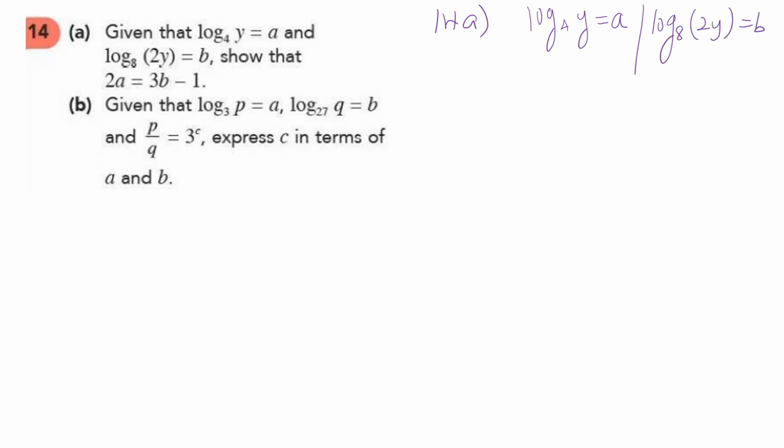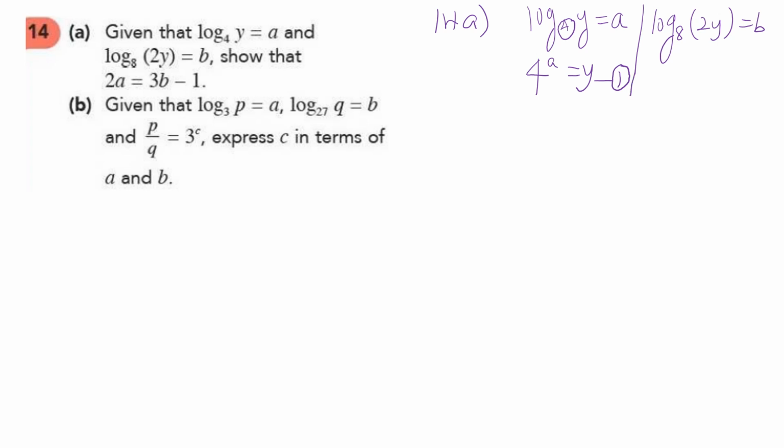Alright, so what I'm going to do in both cases here is to convert them into index form. So to convert into index form, let's start off by looking out for the base. If you look at log y base 4 equals a, the base is 4. So that means 4 to the power of a is equal to y. We're going to call this equation 1.